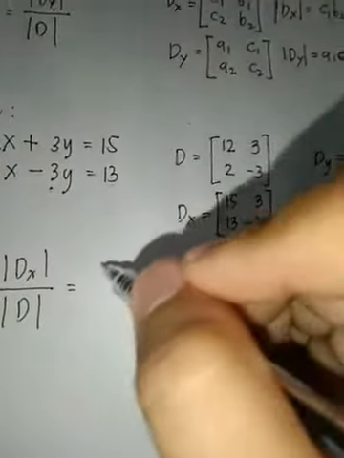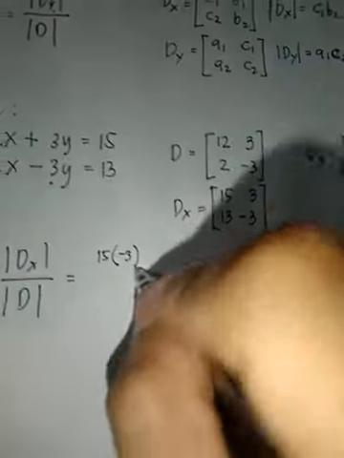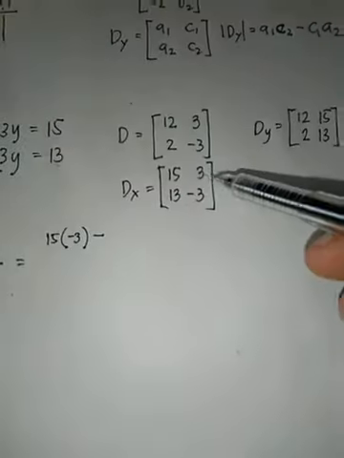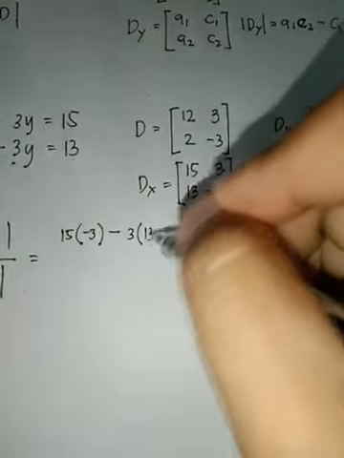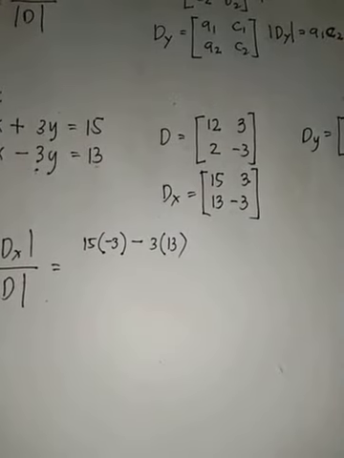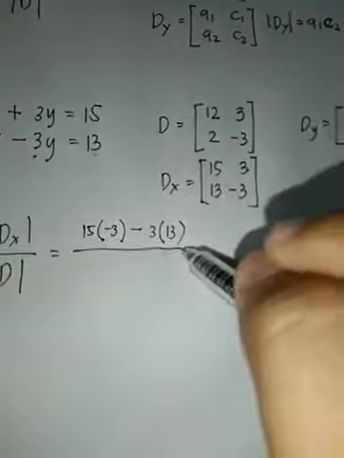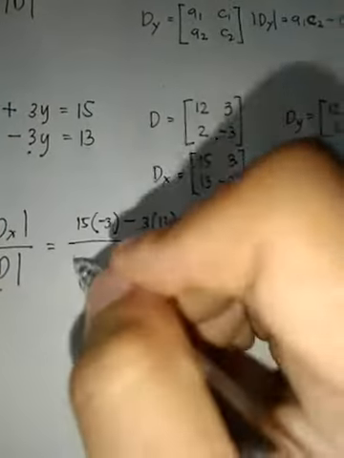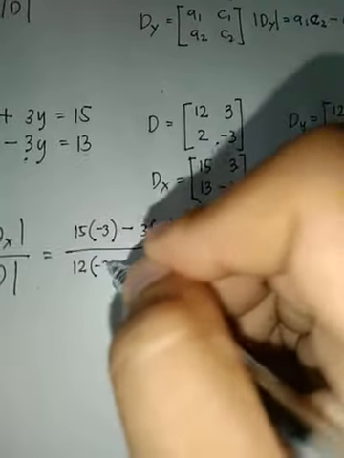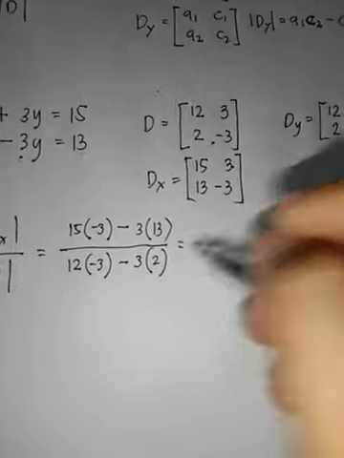So, we have 15 times negative 3 minus 3 times 13, over. Ano yung determinant ng d? So, we have 12 times negative 3 minus 3 times 2.